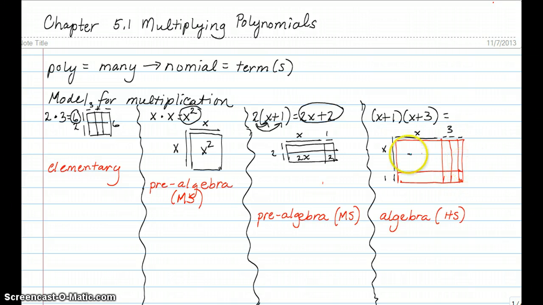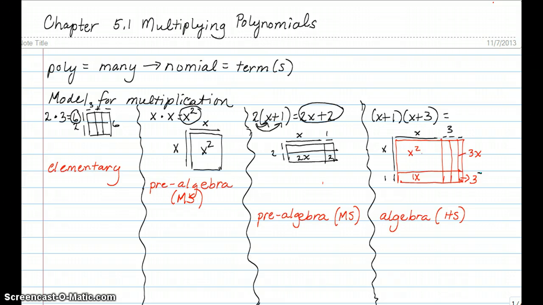And you end up with x times x, x squared. That's a little bit more like a rectangle, but it's actually a square. And then 1 times x, which is 1x or x. And then 1 times 3, kind of like a multiplication table, and these are 3 x's. And then 1 times 3, that's this corner right here, is 3.